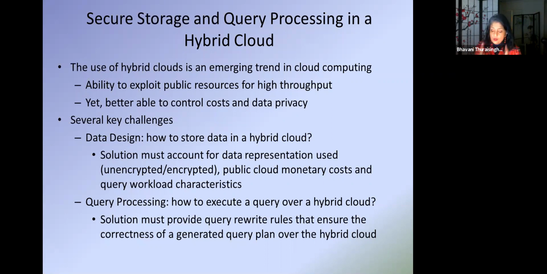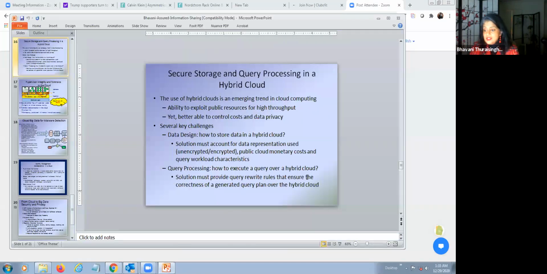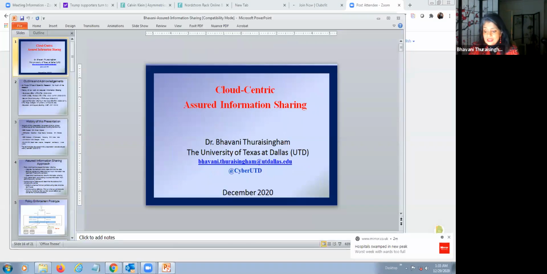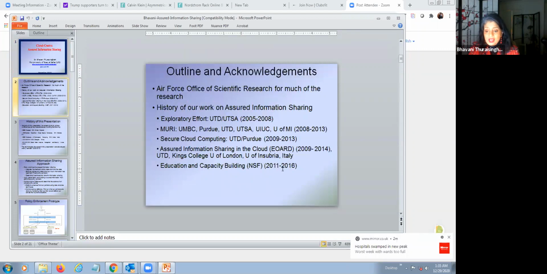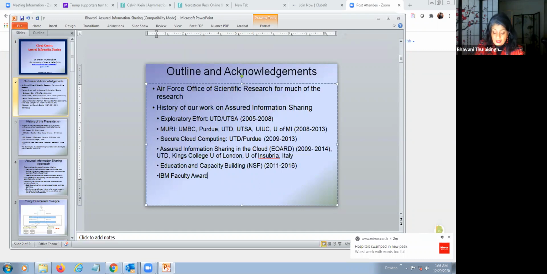So looking at trade-offs, one thing I wanted to mention, and I'm sorry, it's very important that I add this so that it's part of the history. So we said, remember education. I also got an IBM faculty award. I really want to thank IBM because they also supported us. 2000 faculty award for secure cloud computing, education, or curriculum development.